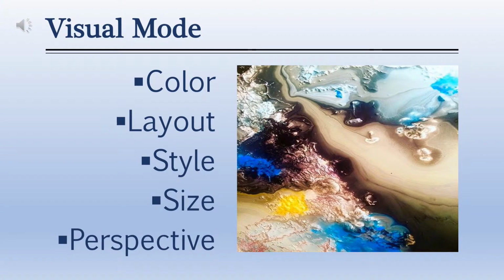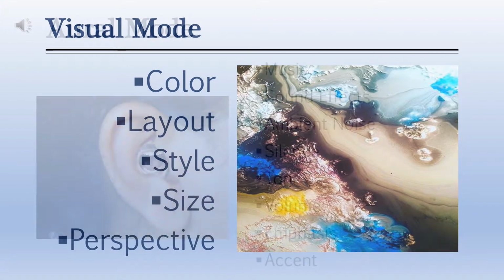But as a consumer of 21st century composition, you're also very familiar with the visual mode as we think about things like color and layout, the style of a text, the size of font, the perspective of the image on the page.